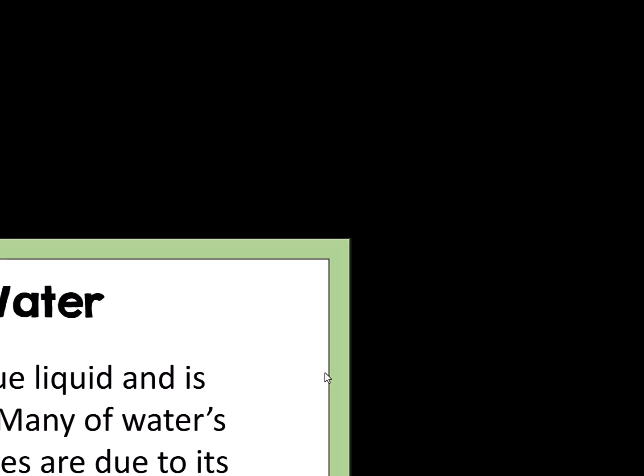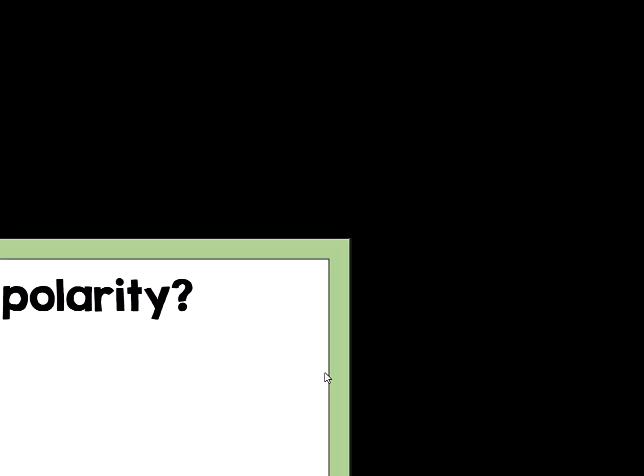So polarity is what we just discussed with hydrogen bonding and the 2 sides of a water molecule, but we'll go through a little bit more clearly. A polar molecule has an uneven distribution of charge. So in other words, it has 2 distinct poles. That's how it gets its polar molecule name.